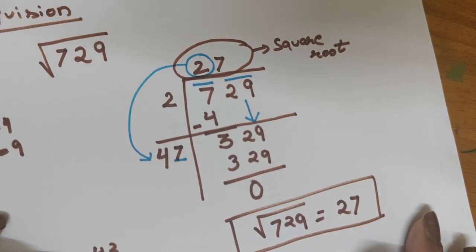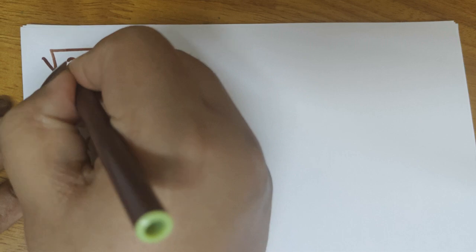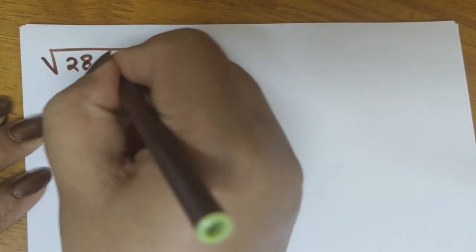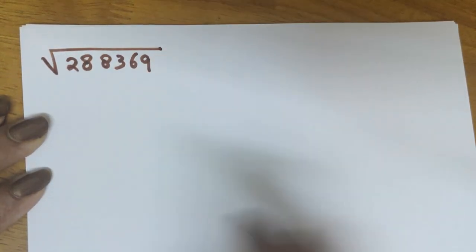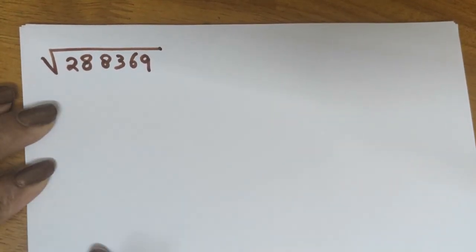Let's try one more example so that you will understand it better. Say I have to find the square root of this number. It's a long number, so if I start taking the factors of this number it will take a lot of time.